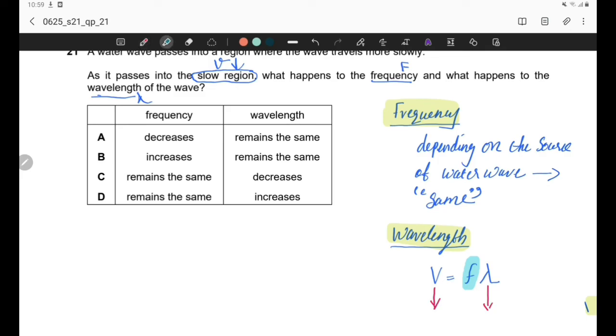Now we can check which option is correct. The frequency will remain the same, so it will be either option C or D. The wavelength will decrease, so the correct answer is option C.